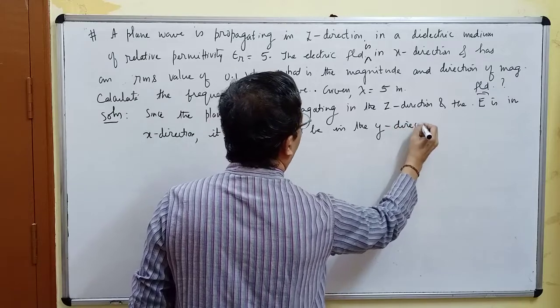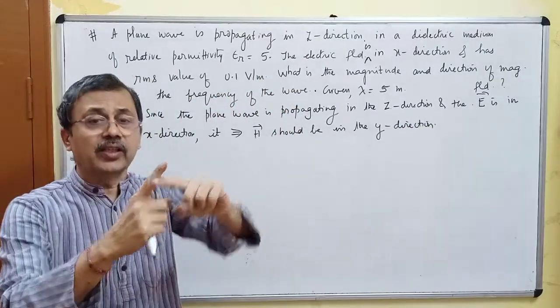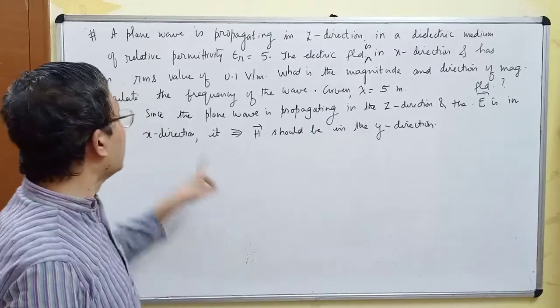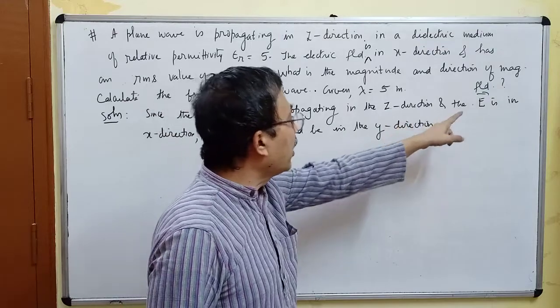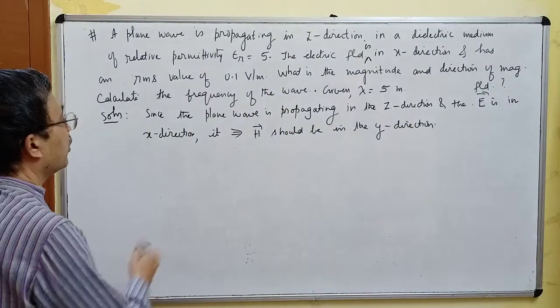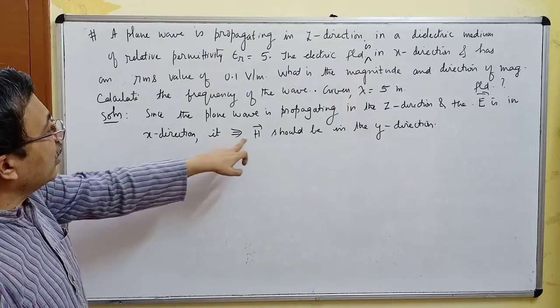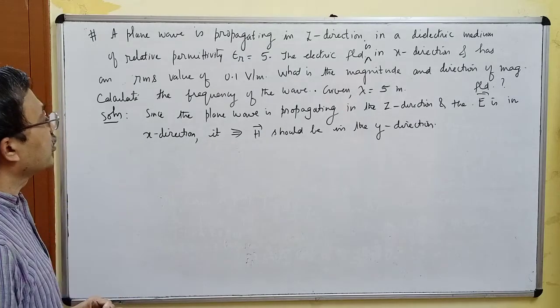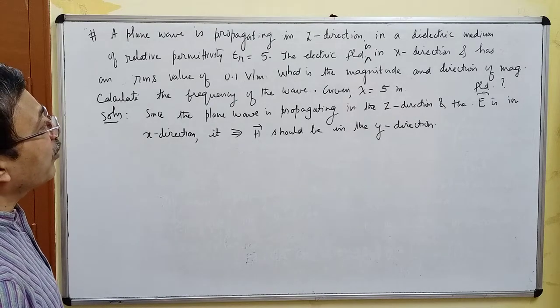Please note that vector E and vector H must be orthogonal to each other and to the direction of propagation. The plane wave is propagating in z direction and the electric field is in x direction. Correct? Hence, it implies vector H should be in y direction. So now what is the magnitude and direction of the magnetic field?